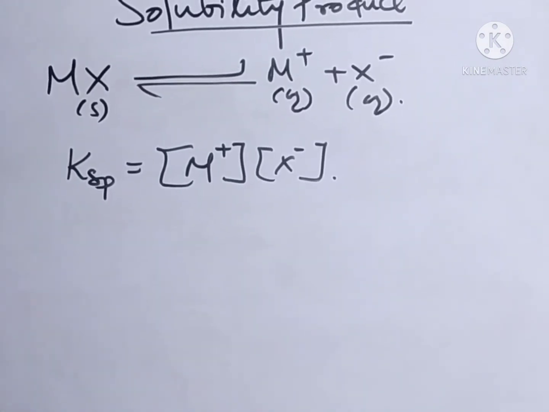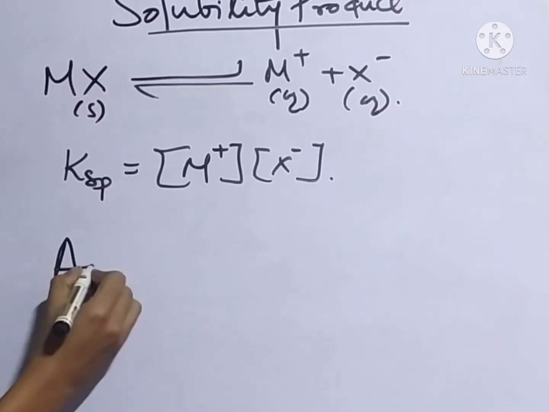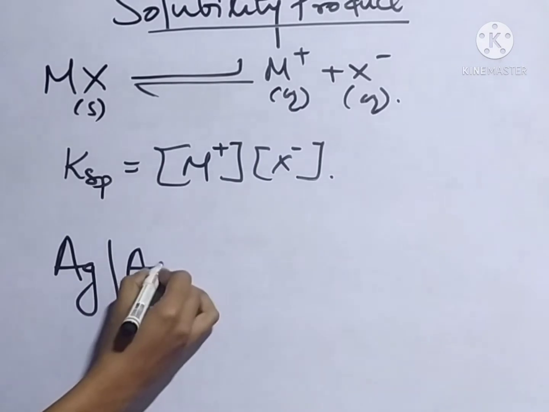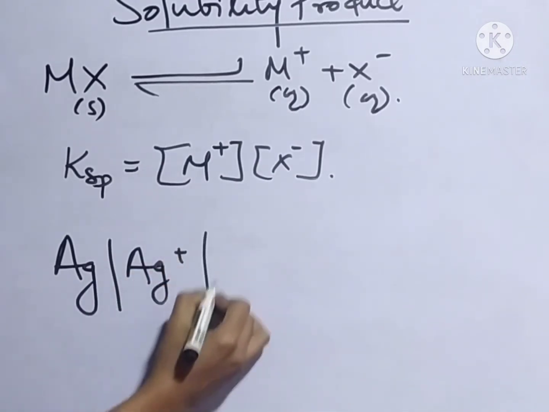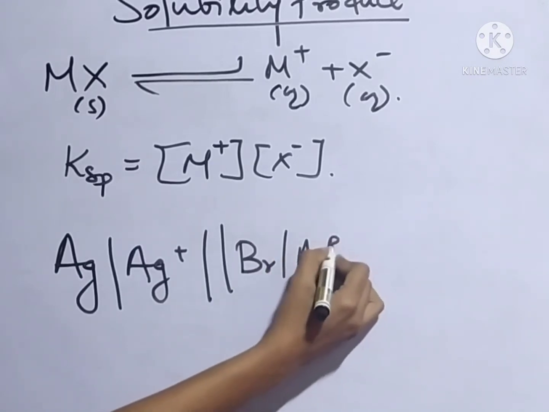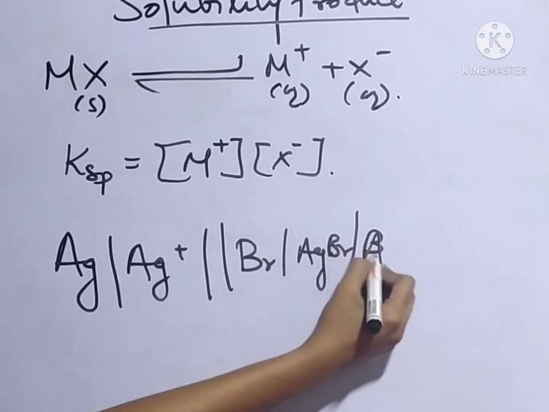Okay. So let us calculate the solubility product by constructing a cell like this. Ag, Ag plus, Br minus, AgBr, Ag.